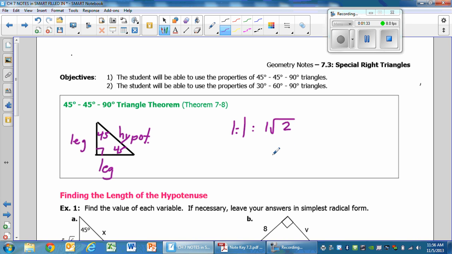So the hypotenuse is going to equal the length of whatever the leg is. So if the leg over here was 5 and this was 5, we would write 5, 5, 5 square root of 2. That's kind of why I put that 1 there, just to know you could plug in for whatever the leg length is. So hypotenuse equals leg times the square root of 2.